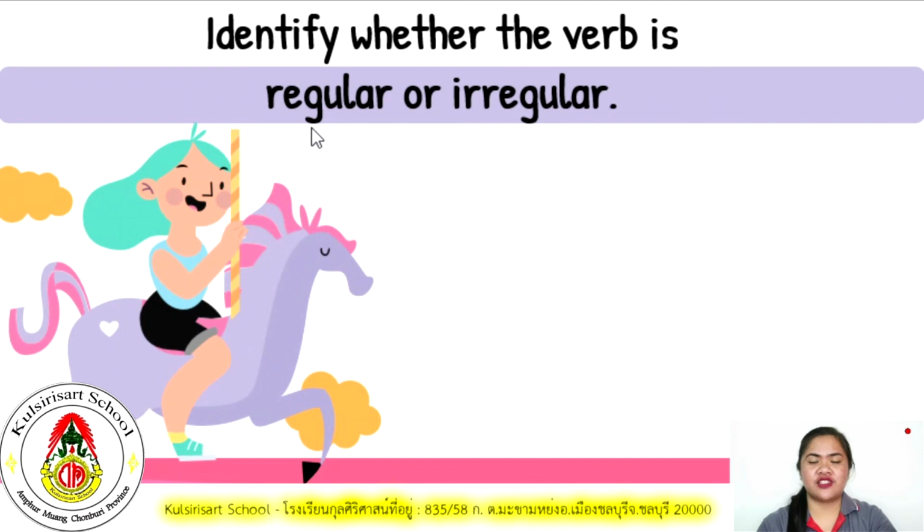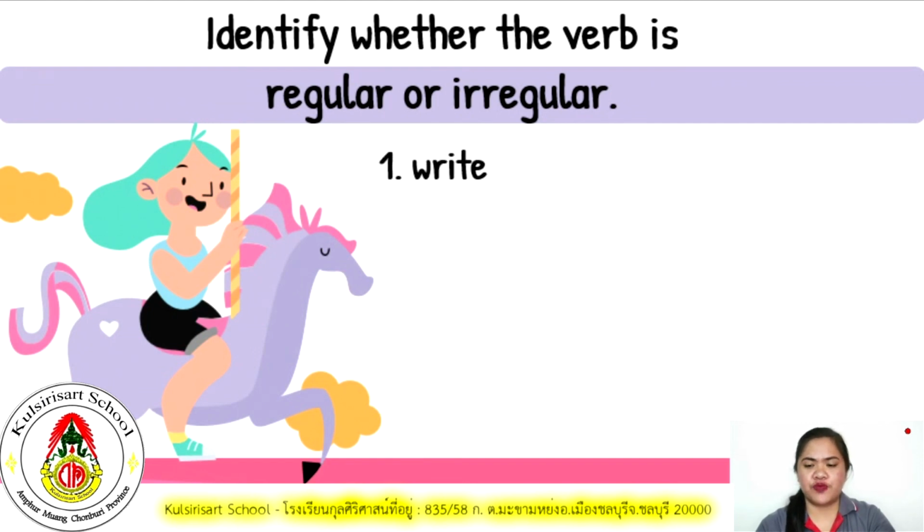The verb has just added D or ED from its present form to its past form up unto its past participle form. And when we talk about irregular verb, it means that the verb's spelling or pronunciation changes as you change it from simple present, to past tense, to past participle.